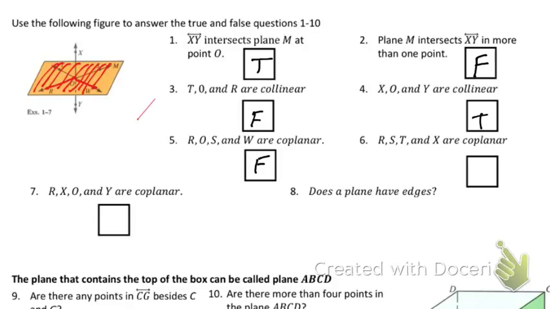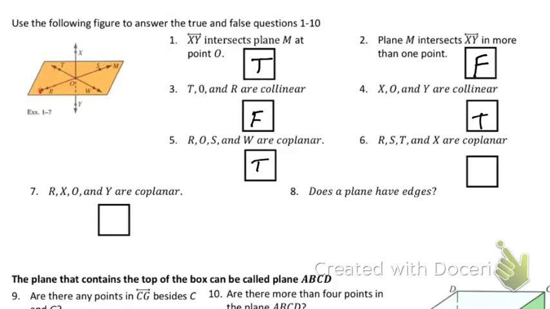Oh, I'm sorry, R, O, S. Is W on that plane? Oh, yeah. Okay, yeah. So that'd be true, right? I think that's the easiest way: pick out 3 of them, picture that plane, and see if that 4th point is on that plane. I think it makes it easier.